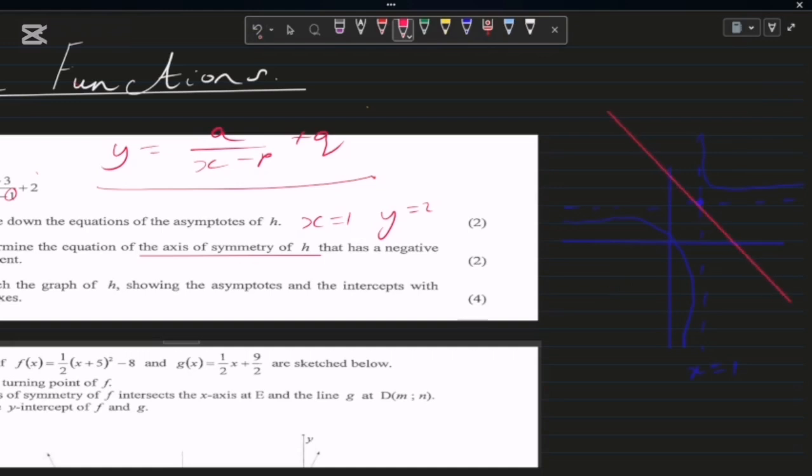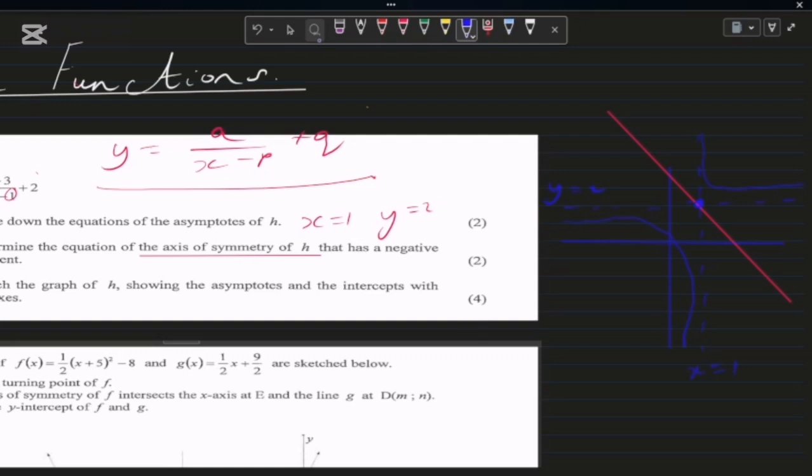Now, the most important thing that will help us to answer this question is to realize that the axis of symmetry, the one that we want the equation for, is passing through a point. Remember, x is 1 is the equation of one asymptote, and the equation of the other asymptote is y is 2. So in other words, the coordinates of this point are x is equal to 1, y is equal to 2.